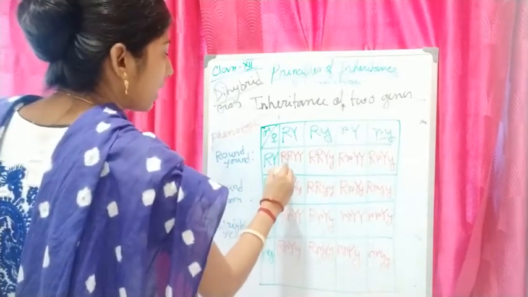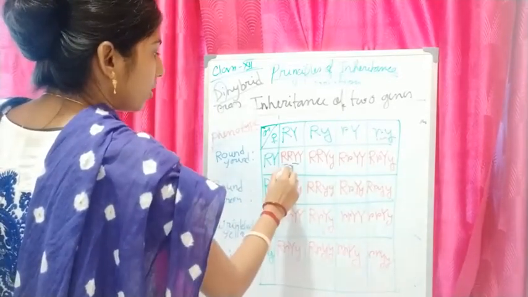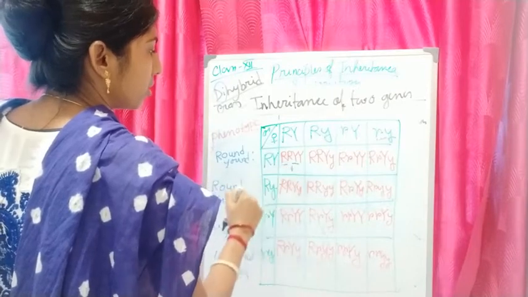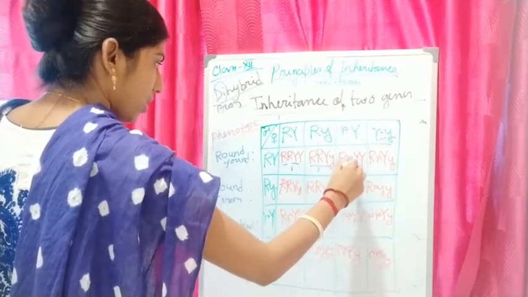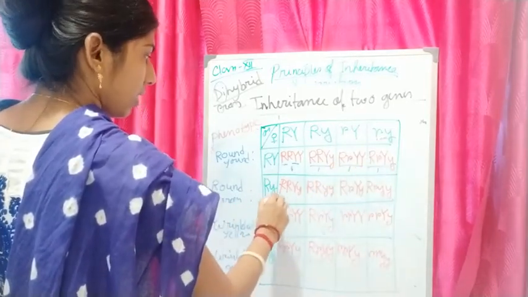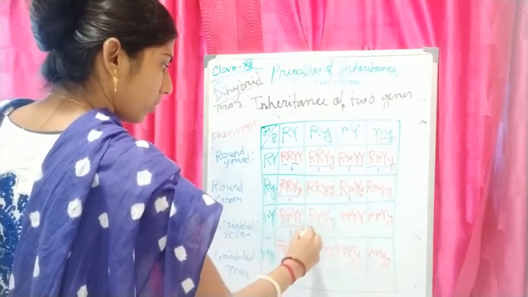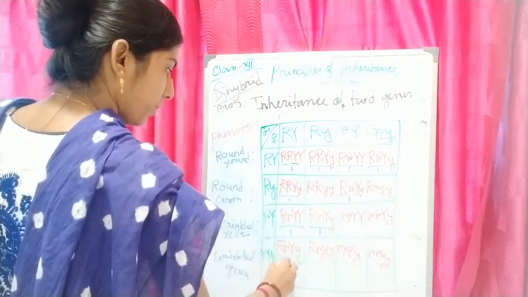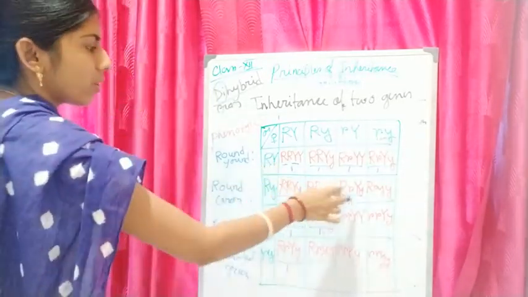So, what will be the ratio? Capital R, capital Y means that one is round yellow, and so on for each of these. Why are we considering all of these as round yellow?